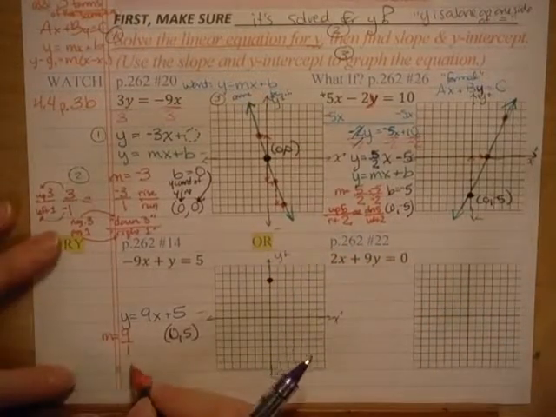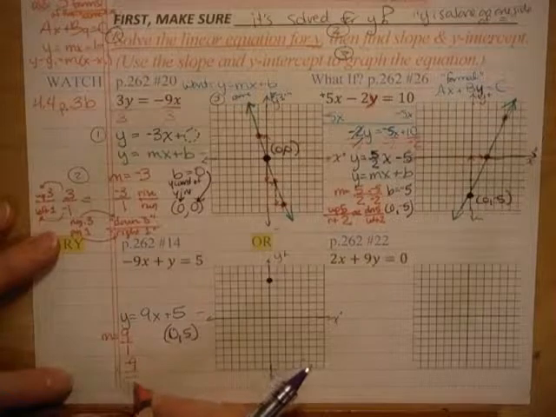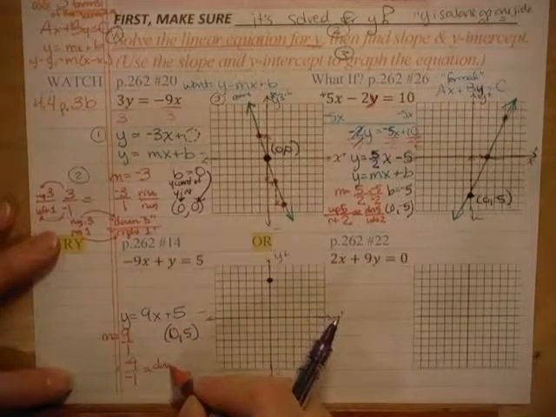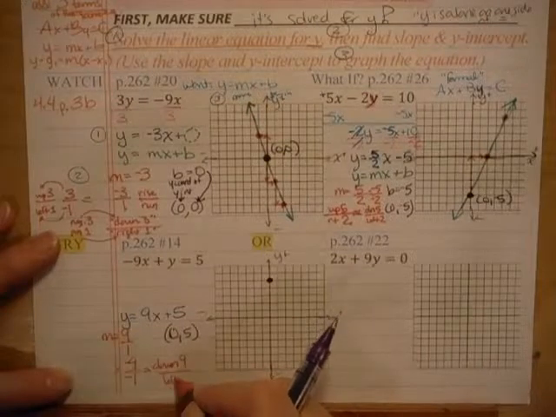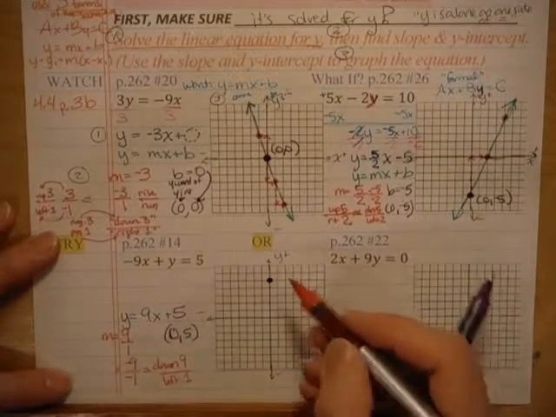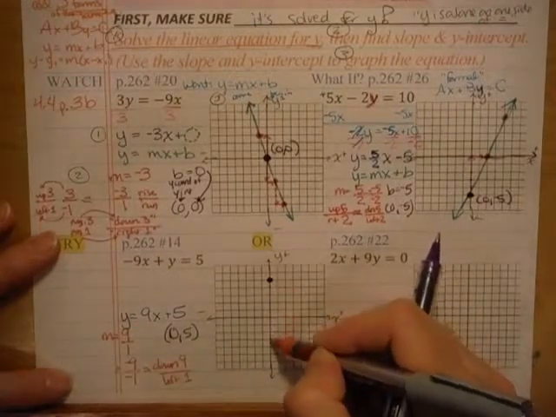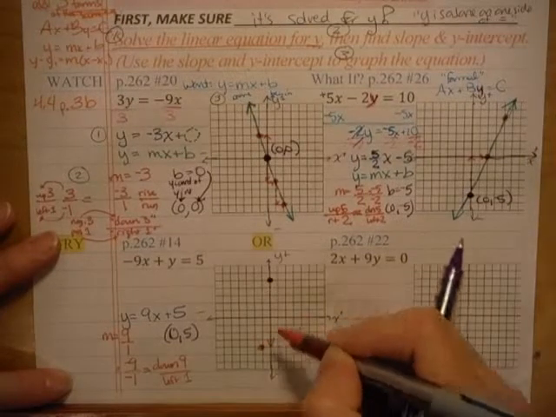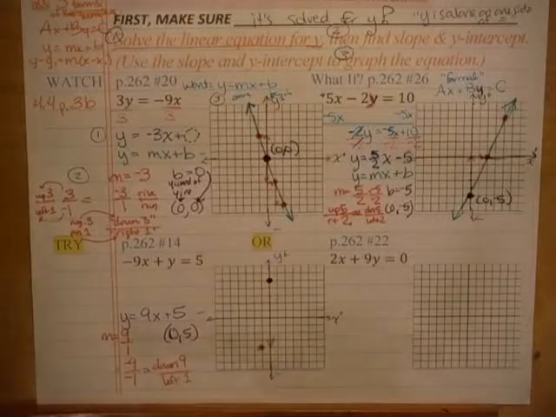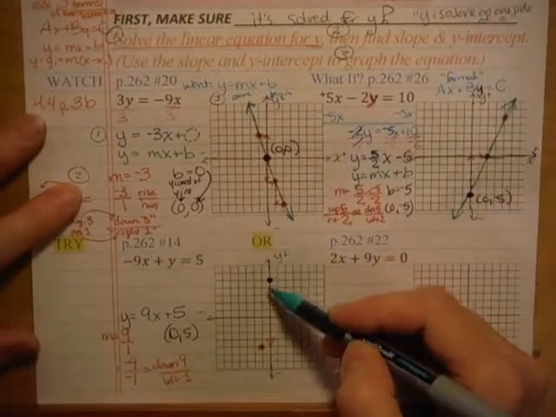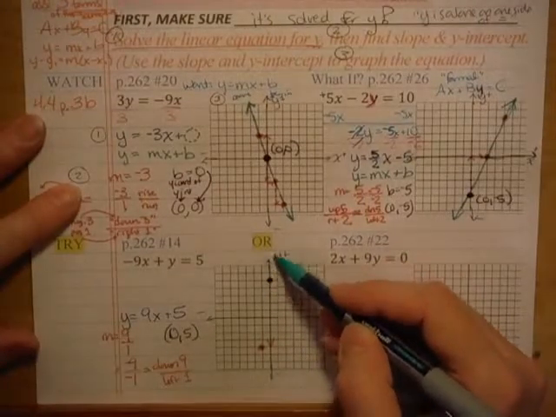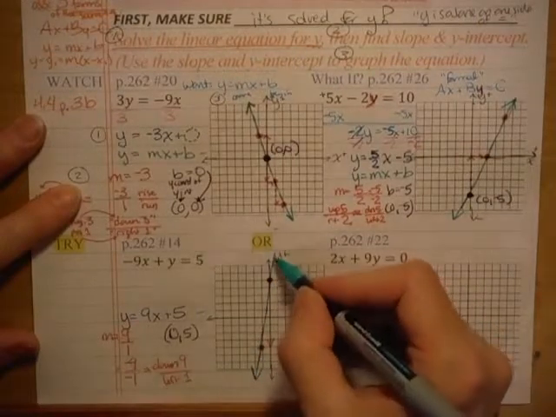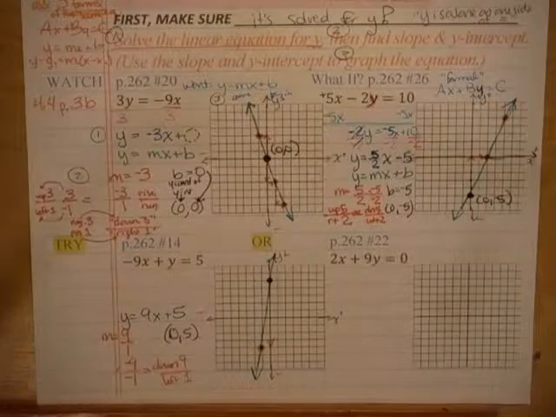So I'm going to utilize what I know, that a negative over negative is the same as that positive. So I can go down 9 and to the left 1. So I'm going to go down 9, 5, 6, 7, 8, 9. So I'm going to go all the way down 9 and then to the left 1. And again, another movement would take me off the grid. So I think I'm going to be just fine with these 2 points. Okay, so it should look something like that.